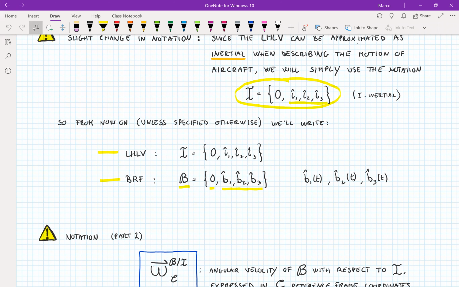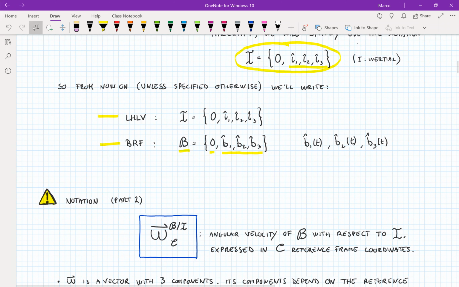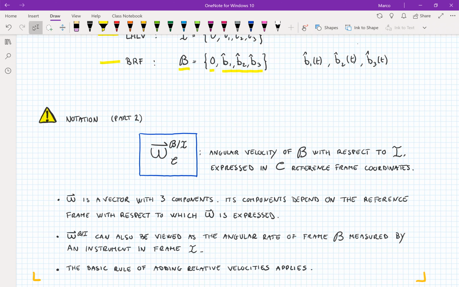Now, second thing about notation. Now we're going to see how we express the actual angular rate, so the angular velocity of the body frame of reference with respect to the inertial frame of reference. We're going to write this angular velocity vector in this manner.